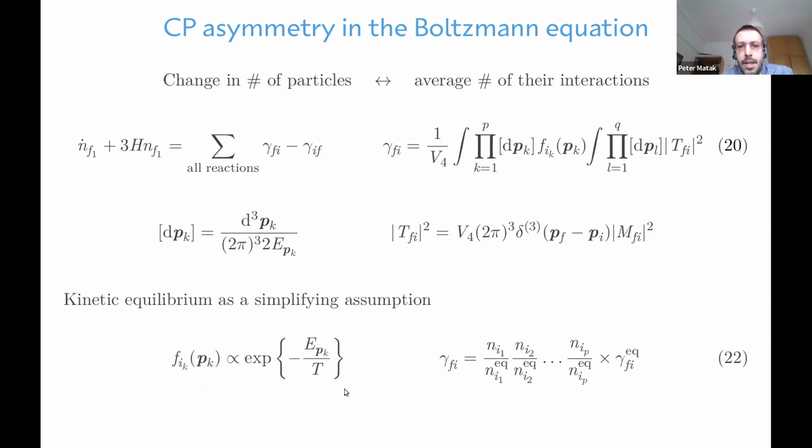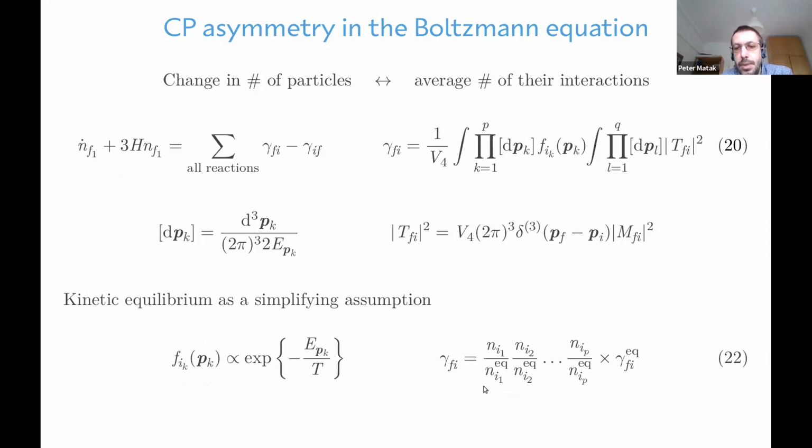It is important to say that we do not include at this level the quantum statistical factors, Bose-Einstein enhancement or Pauli blocking. I will comment on that in the last part. We only work with Maxwell-Boltzmann exponentials for each particle in the initial state.